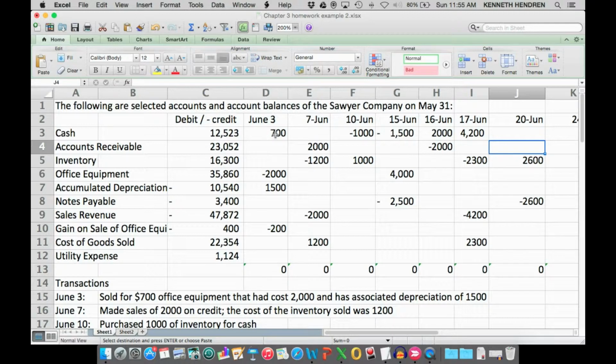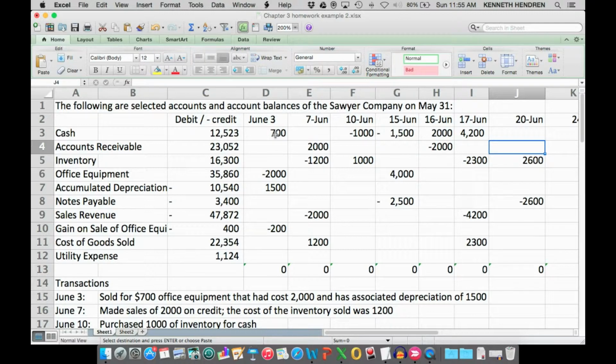Now remember, assets are debit accounts. So assets go up with debits and assets go down with credits. That means liability accounts go up with credits and down with debits. Liability accounts are just the opposite. Now income statement accounts are a little different.